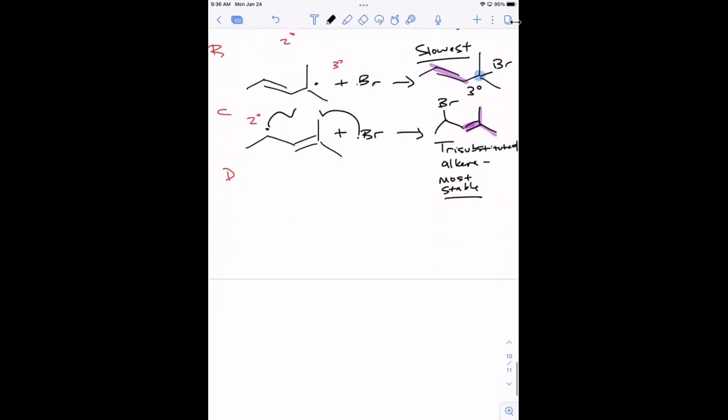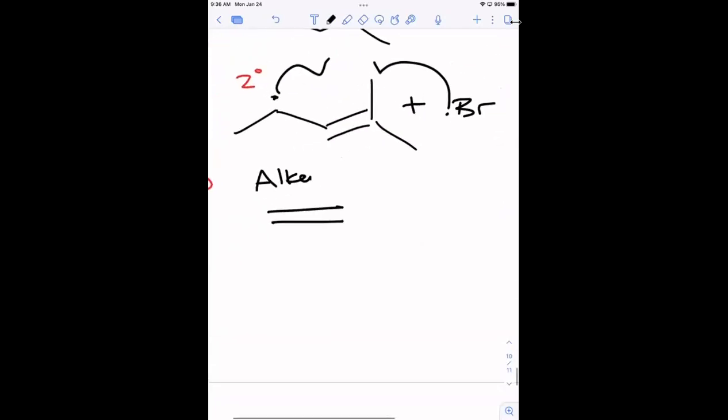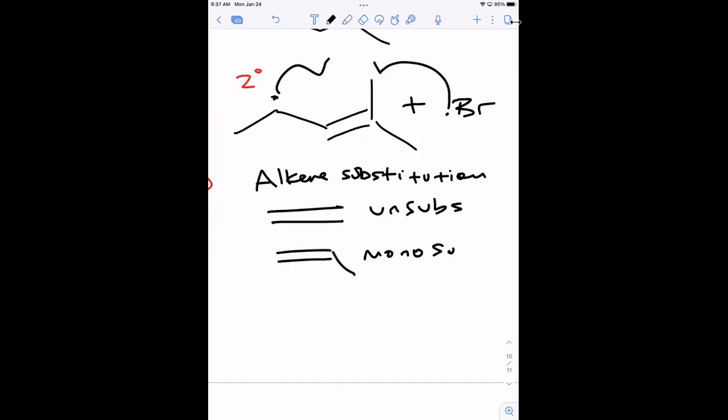Just as a refresher, when you talk about alkene substitution, this is unsubstituted. This alkene would be monosubstituted.